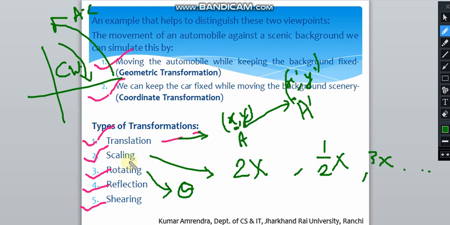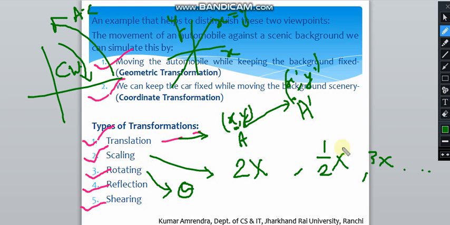Reflection is just like we see our images in the mirror, where the left part becomes right and the right part becomes left. In this chapter we will see reflection along the axes, the x axis or y axis, or the axis x equal to y. We will look at these.